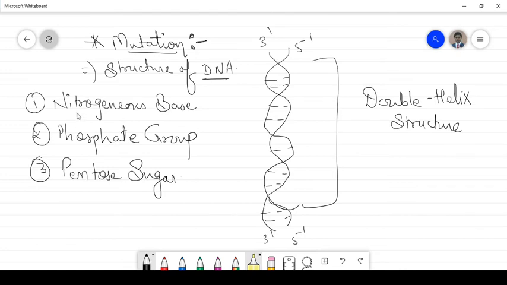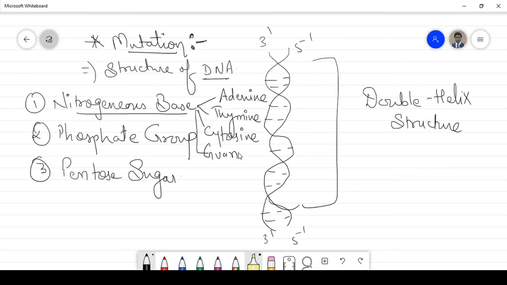Okay, now the nitrogenous bases are adenine, thymine, cytosine, and guanine.